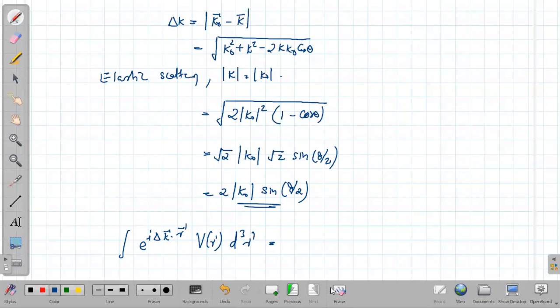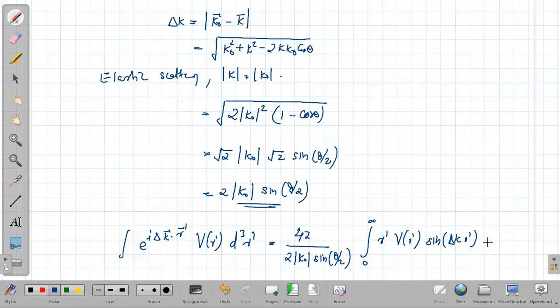This can be written as 4 pi divided by delta k, which is 2 modulus of k0 sine of angle theta upon 2, then integral from 0 to infinity r prime v of r prime sine of delta k r prime dr prime. Okay, so we have simplified our integration, so the 2 can be cancelled obviously.